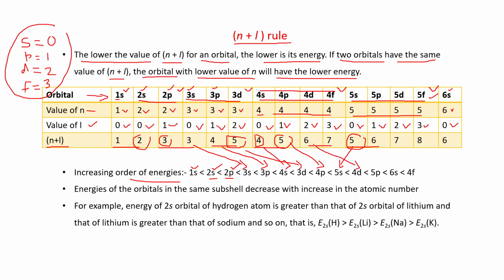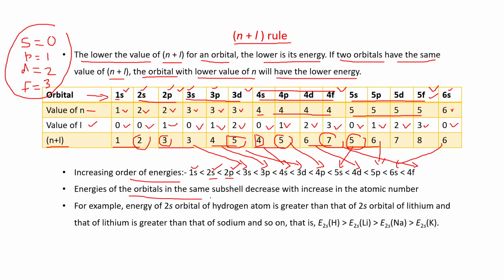And after 4d, this is 5p. And after 5p it will come to 6s, and after 6s 4f will come. In this way we can arrange these orbitals in the increasing order of energies.